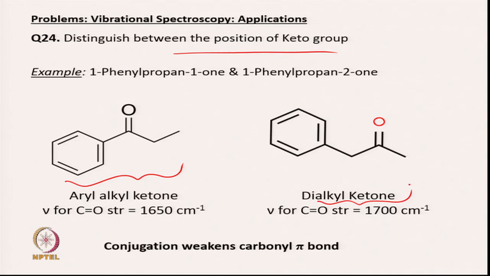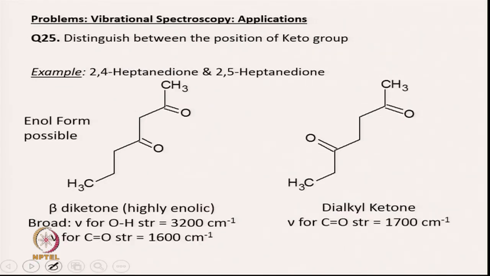This one is involved in conjugation with the benzene ring, and on conjugation K decreases, and if K decreases, the frequency will also decrease. So the frequency of CO stretching in aryl alkyl ketone comes at a smaller wave number in comparison to dialkyl ketone. Conjugation weakens the carbonyl pi bond.